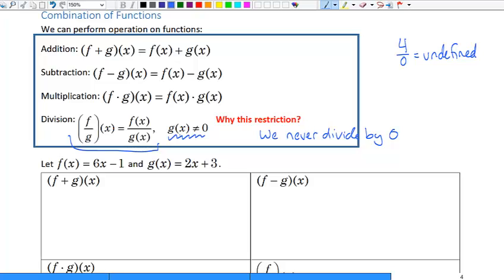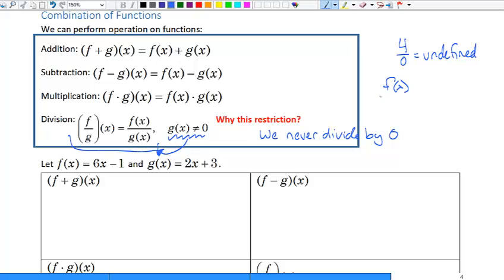Because we have a variable, that means our values for g of x change. So at some point, g of x in the bottom may be different depending on what your variable is at the moment. So if that function g of x ever has a point at which g of x is equal to 0, then we're not allowed to have that.